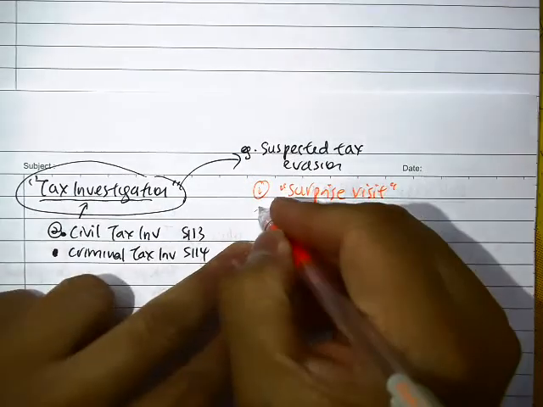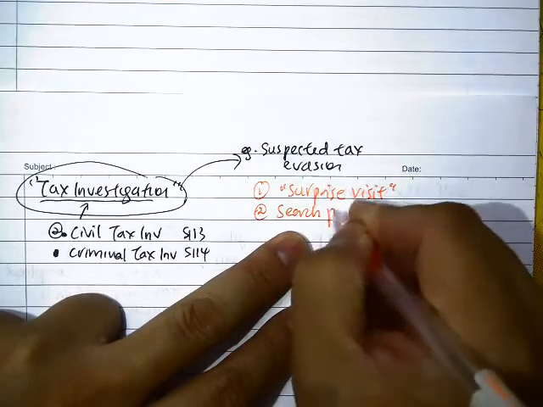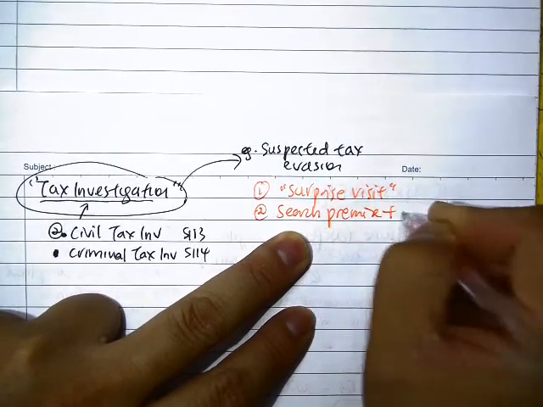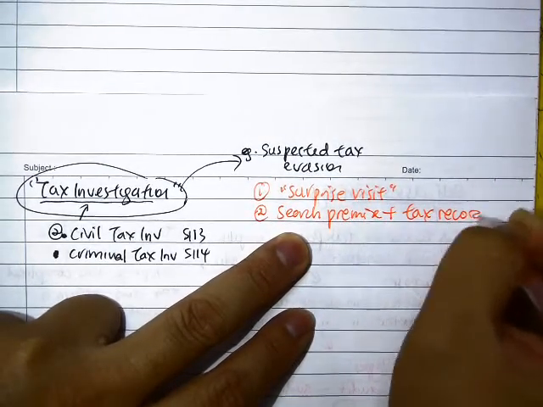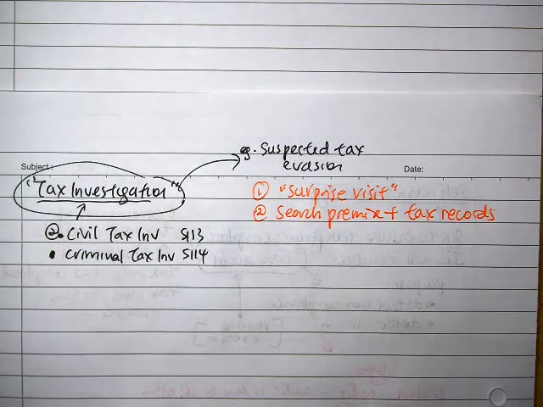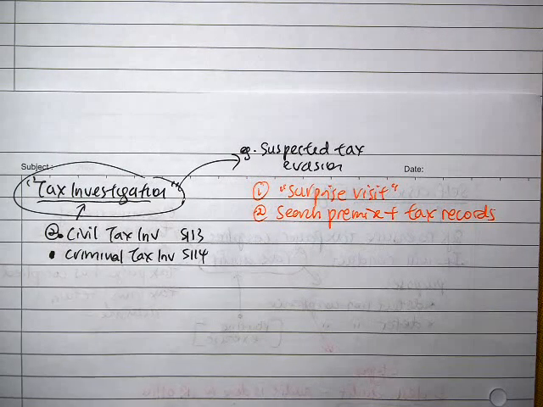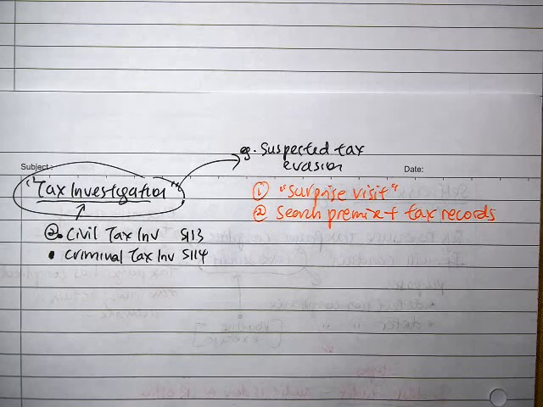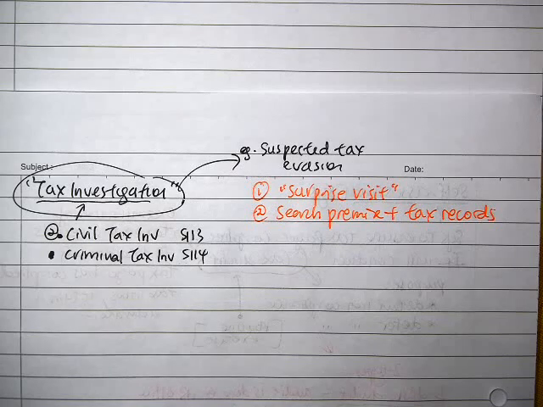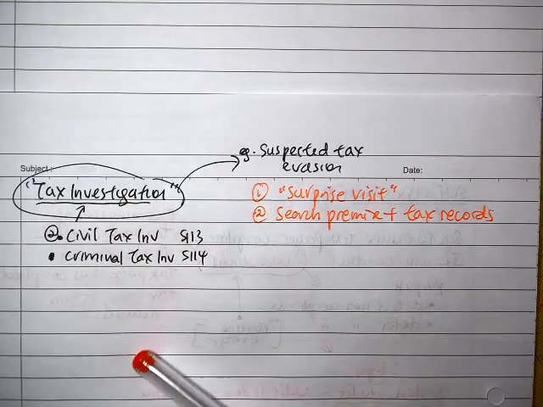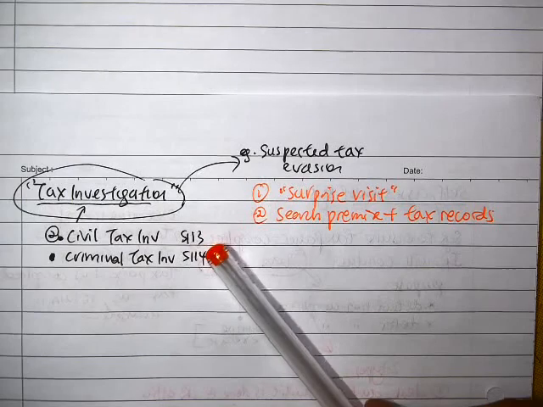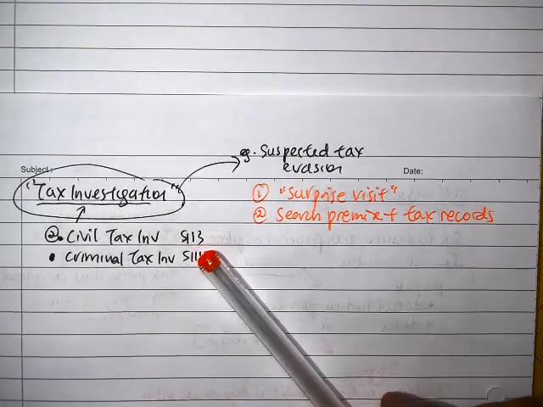They will search your premises, and they will take away your tax record, I mean your accounting records. Then you go and see them and negotiate. Depending on what kind of investigation section they charge: if it's civil, it's not so hostile, and they can still allow you to take notes.